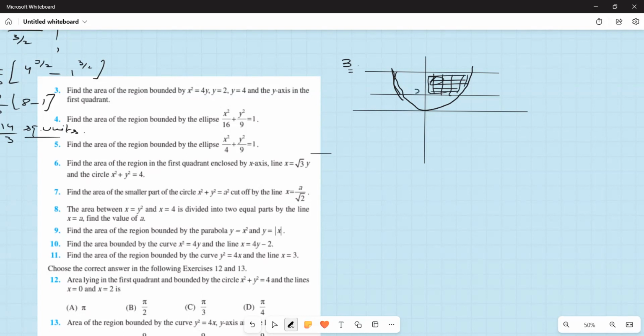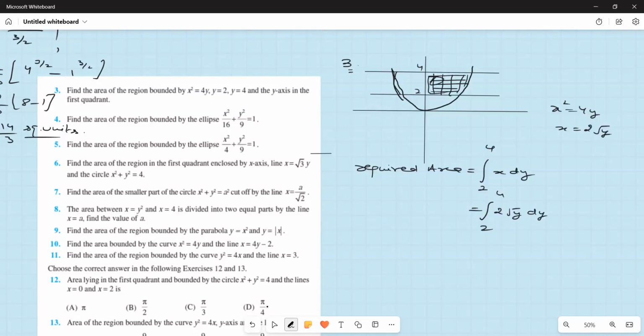Limits 2 to 4. So here required area is 2 to 4 x dy. What is x over here? X square is equal to 4y. So x is equal to 2 root y. So 2 to 4, 2 root y dy.